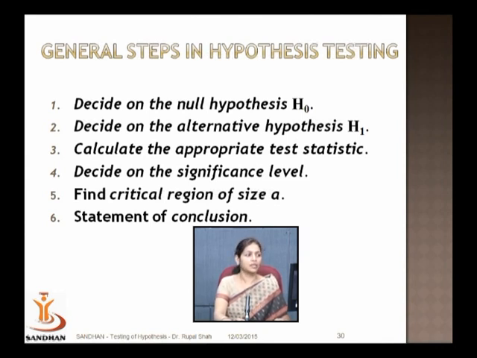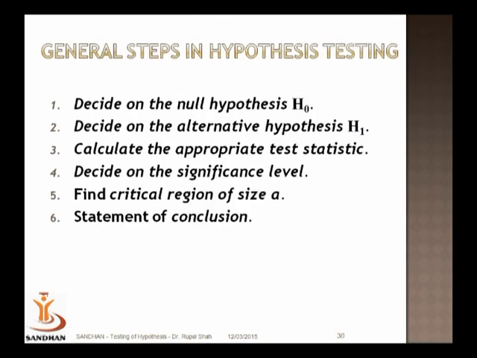The next step is calculating the appropriate test statistic, then deciding on the significance level, which as we discussed is to be decided by the experimenter, then find the critical region, that is C and C complement, that is finding a decision rule, and finally drawing a conclusion.